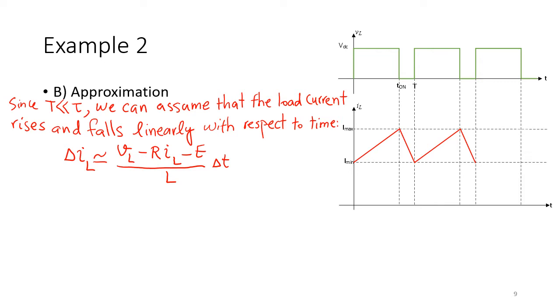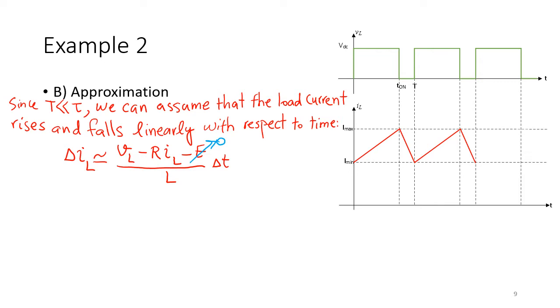Here, in this case, in MRI, we don't have any EMF or back EMF, so E is 0 for us here, but you may see some cases that you have E. Then you can use this equation.